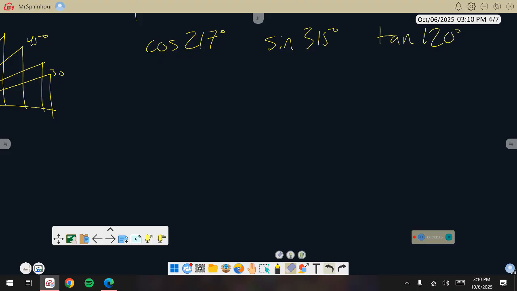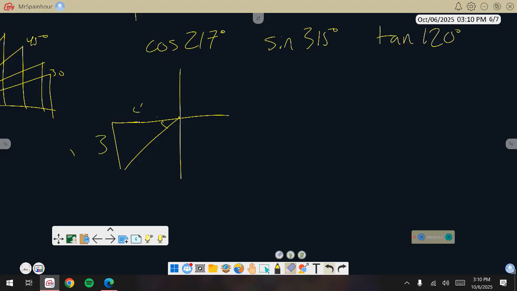So here you go, 217. So what I would start off with is just draw an XY axis and go, okay, where's 217? Well, that's 0, that's 90, that's 180. How much do I have left over? 37. So that means 37 would go here, right? And now this is my triangle right here. 37 is opposite of a 53, which means that's the small angle, which means it's across from the small side.